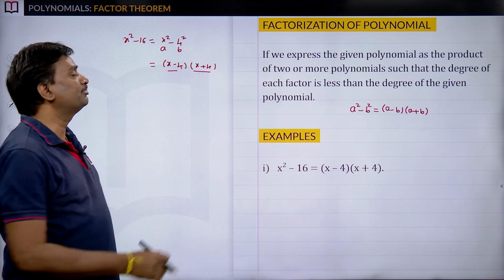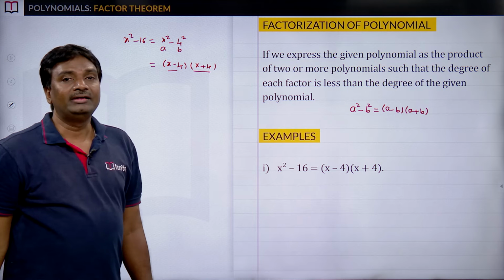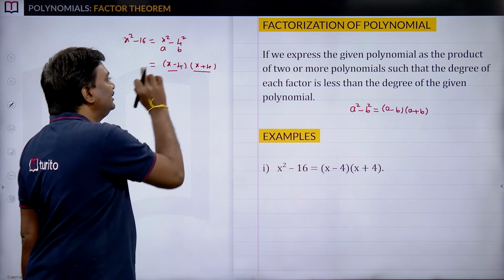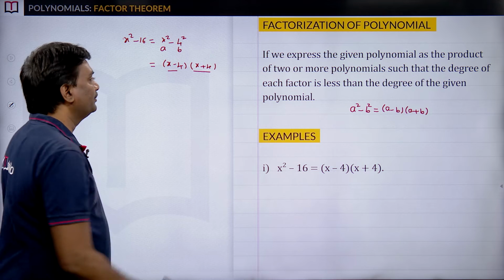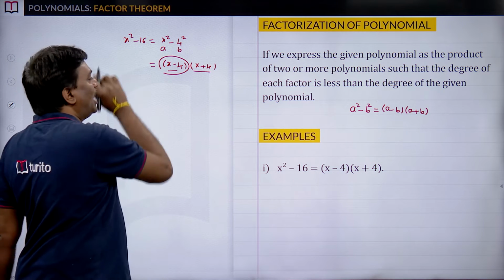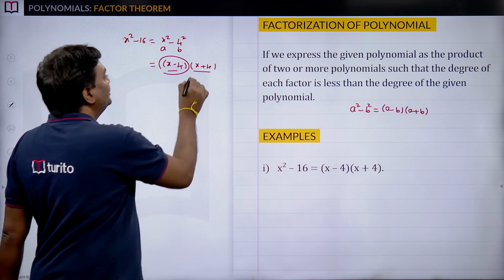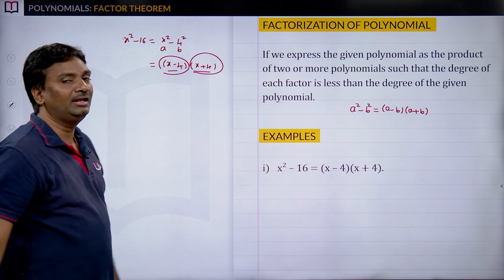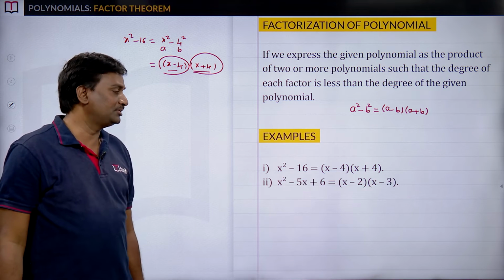Now, this x minus 4 is said to be a factor of x square minus 16. Similarly, x plus 4 is also a factor of the polynomial x square minus 16.